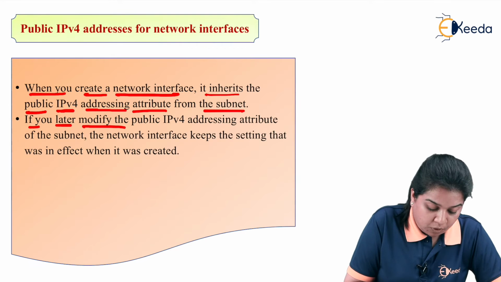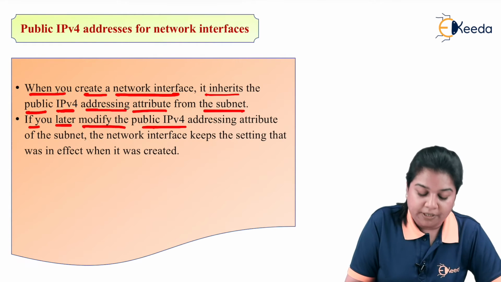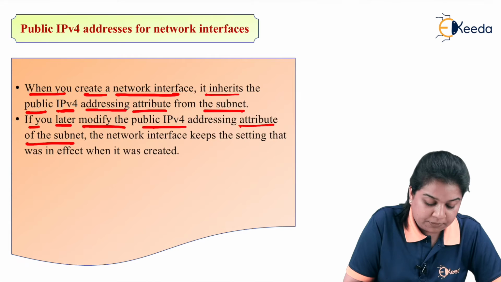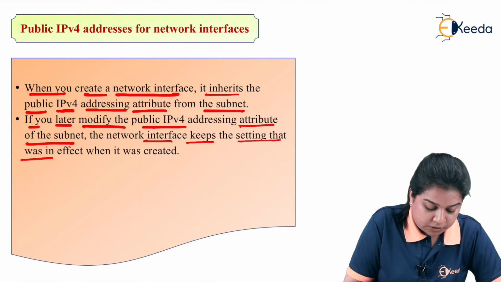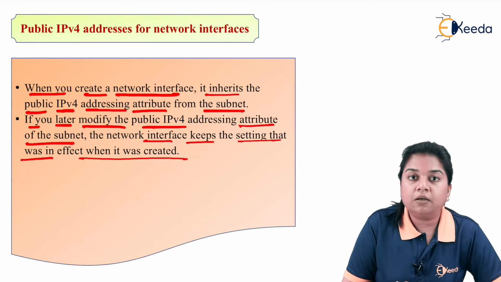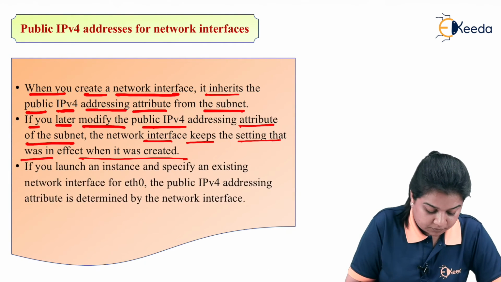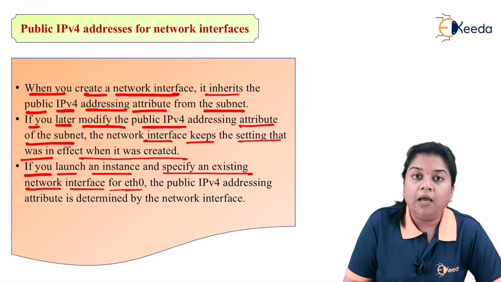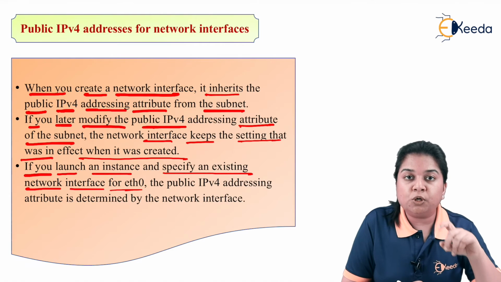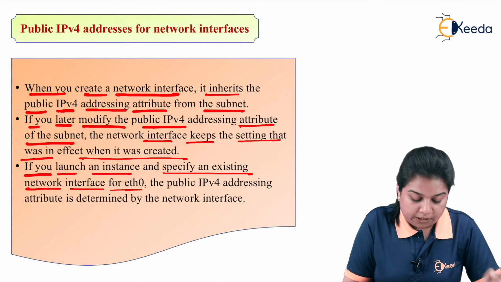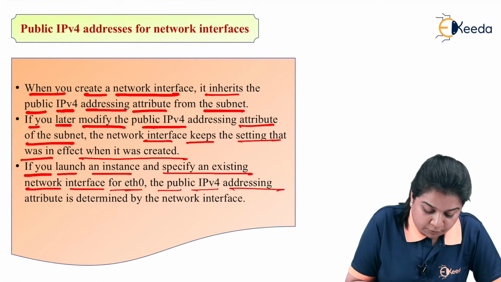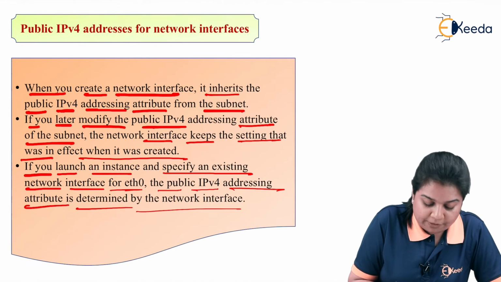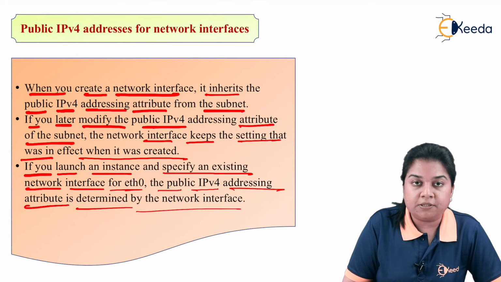If you later modify the public IPv4 addressing attribute of the subnet, the network interface keeps the setting that was in effect when it was created. If you launch an instance and specify an existing network interface for eth0, which is your primary network interface, the public IPv4 addressing attribute is determined by the network interface.